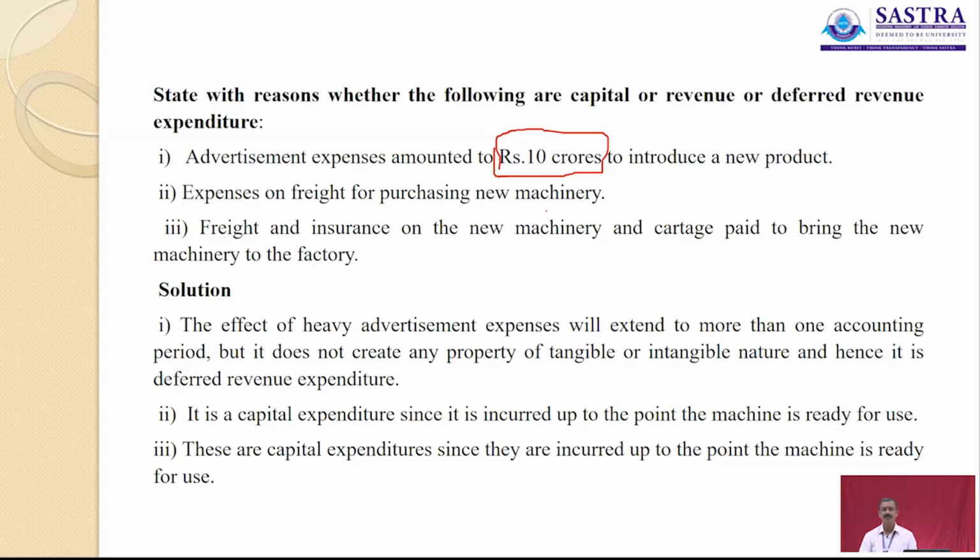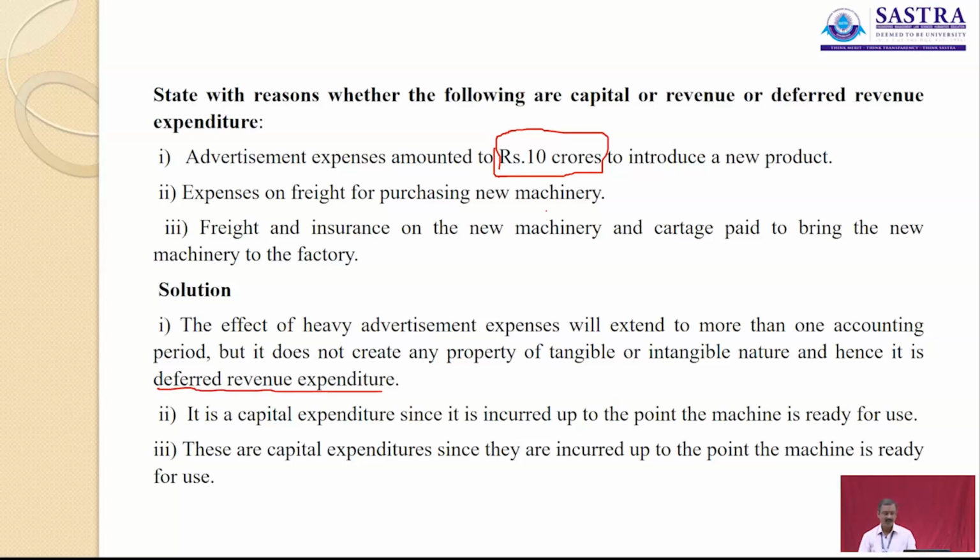It is substantial too, so it will be treated as a kind of expenditure which is treated as capital at the time, and in the gradual subsequent periods of the lifetime of such expense it will be treated as revenue. So between these two, this advertisement expense will be known as deferred revenue expenditure.